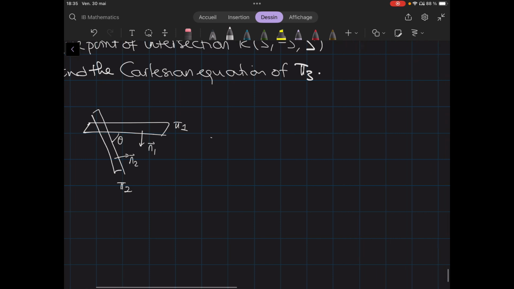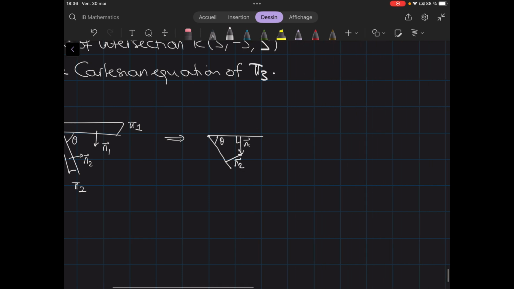So, if we want to find the angle theta, we can construct a diagram that is like this. So this is your theta. We know that n1 by definition is perpendicular to pi1. We know that n2 by definition is perpendicular to pi2. When we find the dot product of two vectors, we're finding the angle between them.